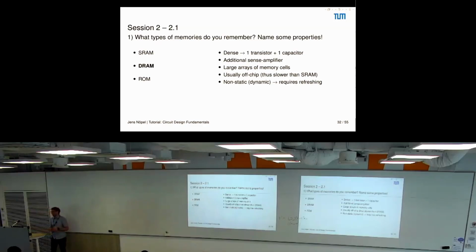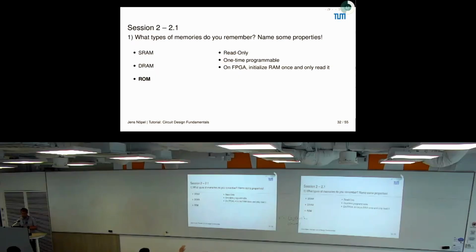This is another bottleneck which makes them slower than SRAM, because if you currently do a refresh of a memory cell, you cannot access it or another cell. So this makes them slower than SRAM.